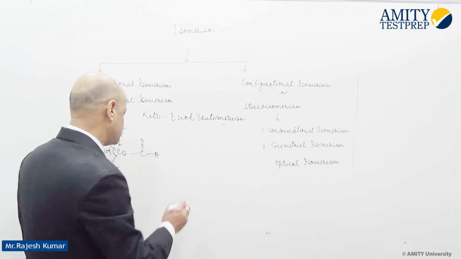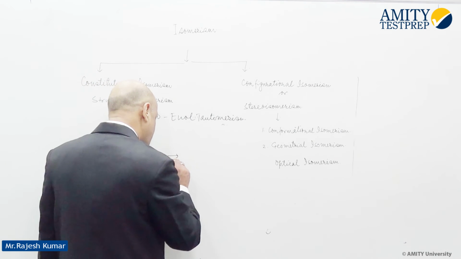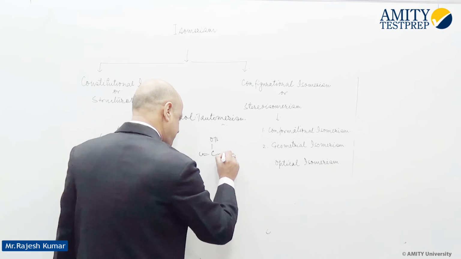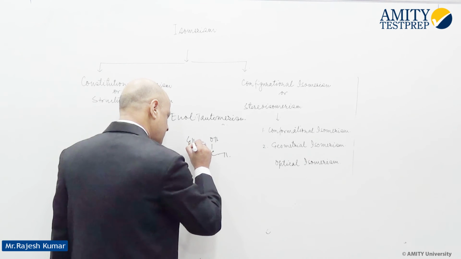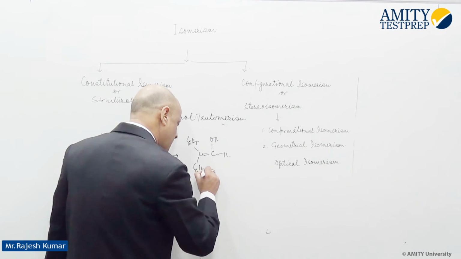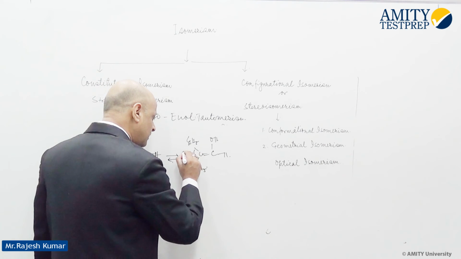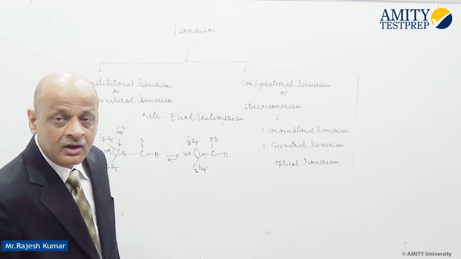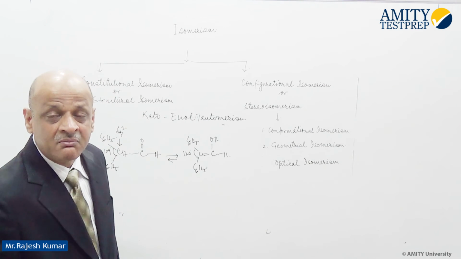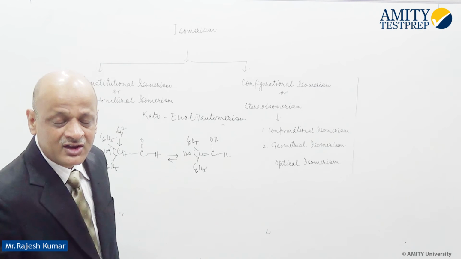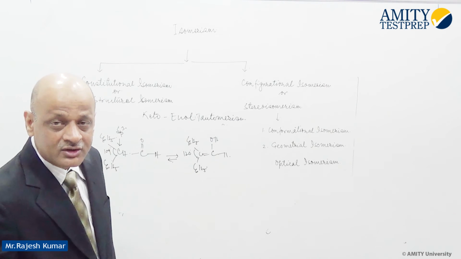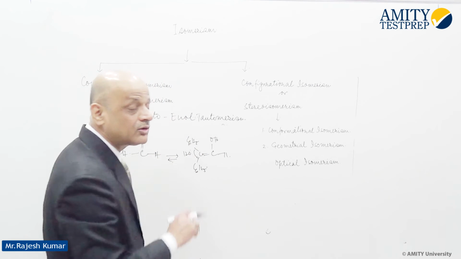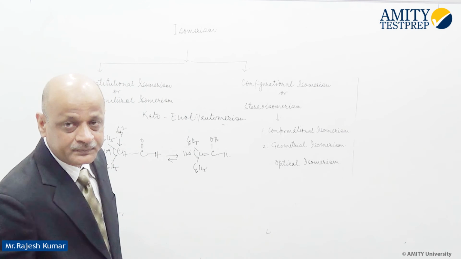But when it turns into enol form, this bond angle increases up to 120 degrees rather than 109 degrees. That makes the molecule less strained, and so more stable. So enol content will be greater in this case than keto form.